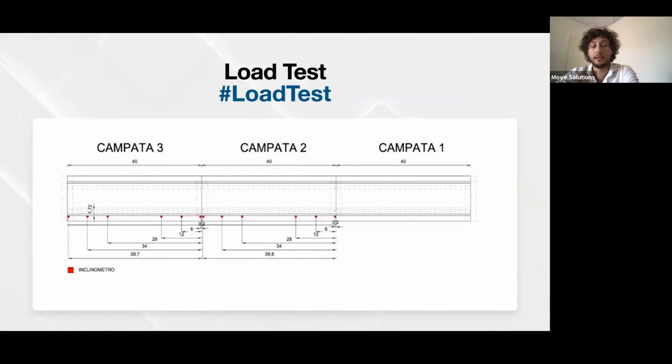You can see there are 3 spans, and they did the test on span 3, span 2, and the 4th span; you got 6 tilts for 4 spans. They're placed in different positions, basically close to the edge of the bridge span, and the others at different lengths. But with 6, you get nice accuracy about the deflection.